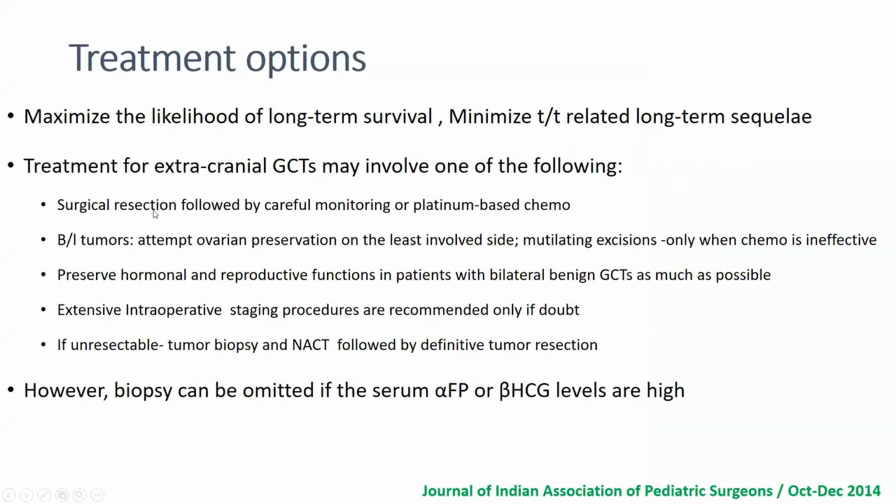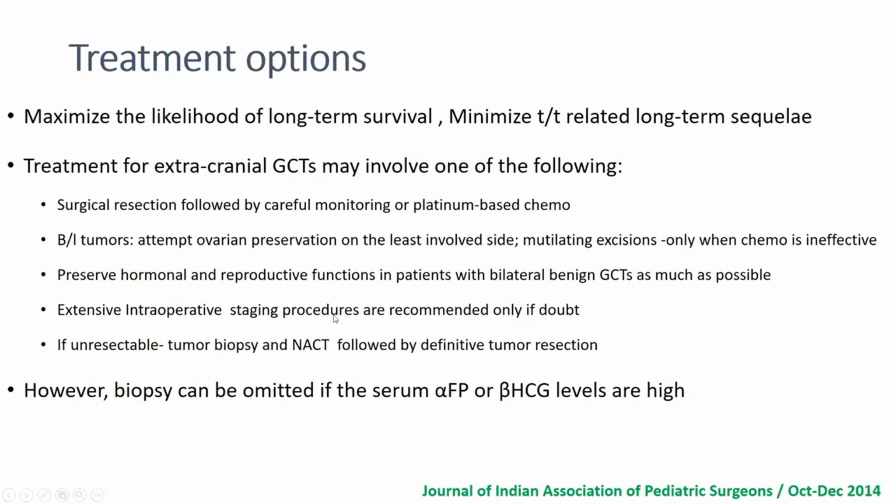Either we do only surgical resection followed by observation, or chemotherapy. And if there are bilateral tumors in ovarian cancer, we should attempt preservation of the ovary on at least the least involved side. We should try to maintain hormonal and reproductive function as much as possible.